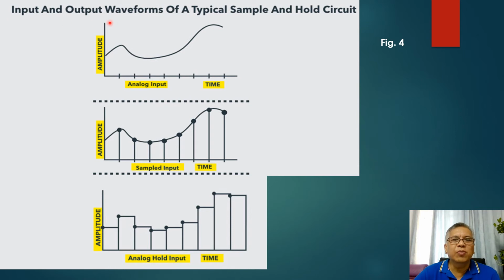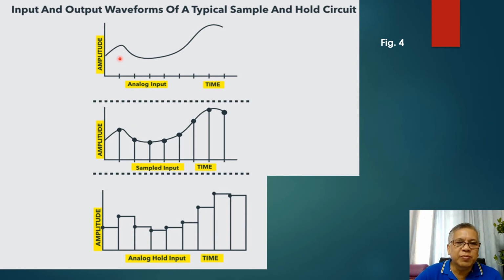So, input and output waveforms of a typical sample and hold circuit. For example, this is our signal taken from our transducer. Now, this signal here will be sampled once it passes through a sample and hold circuit.